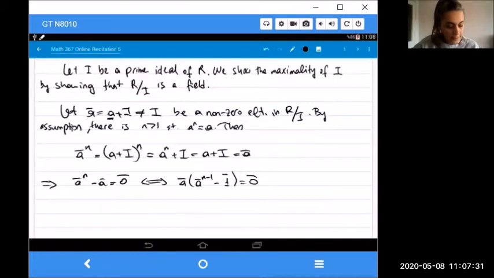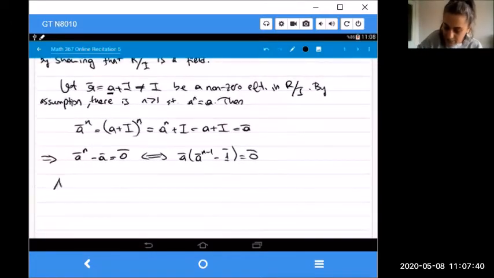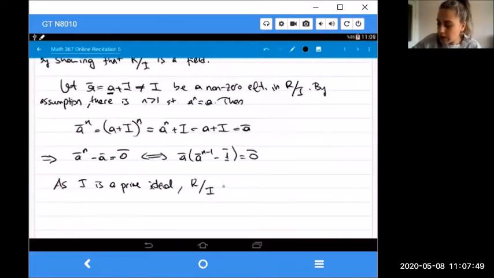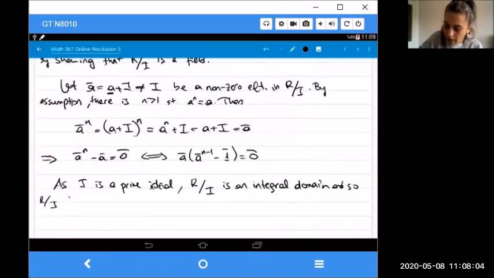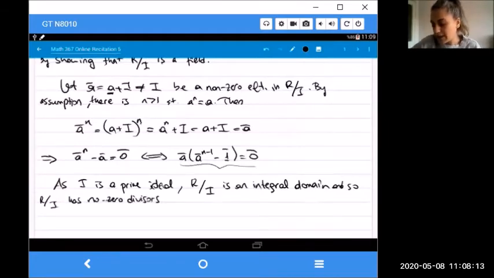Now, what we know is that as I is a prime ideal, if we consider the quotient ring, that's an integral domain, right? And this means that R over I has no zero divisors. But we have an equality here.